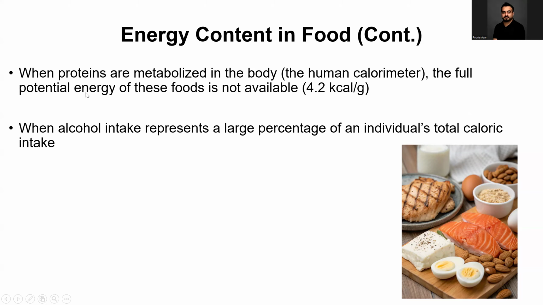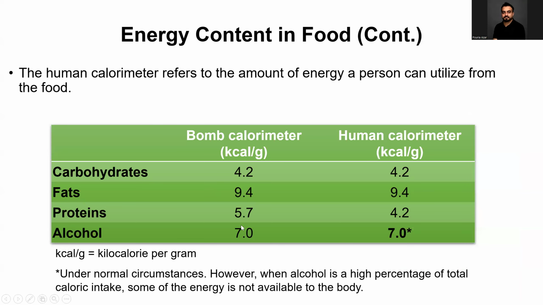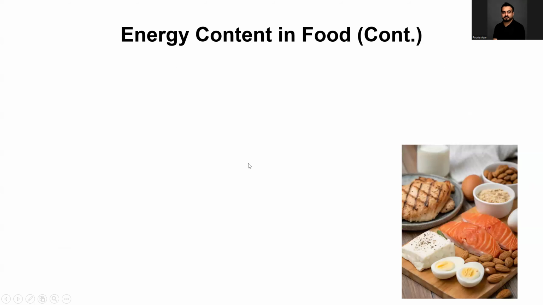Proteins are composed of amino acids, and amino acids contain nitrogen atoms. Our body cannot metabolize those nitrogen atoms. That's why the bomb calorimeter gives more energy from protein than the human calorimeter.